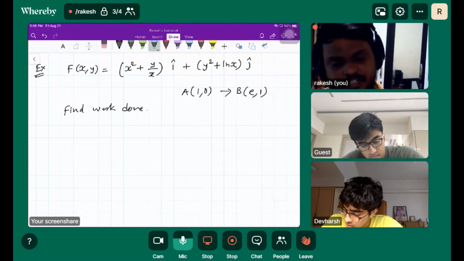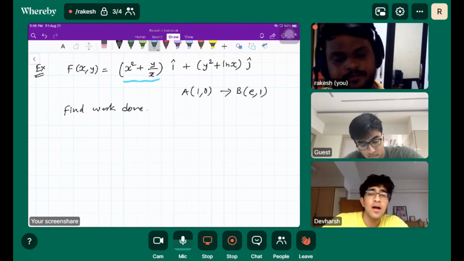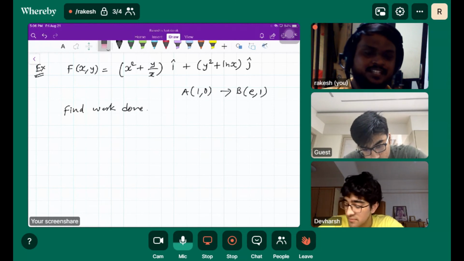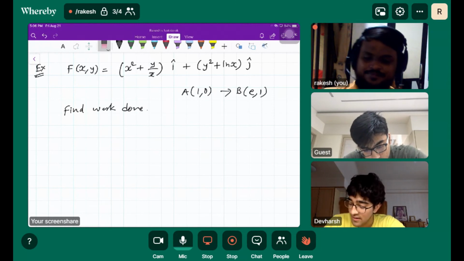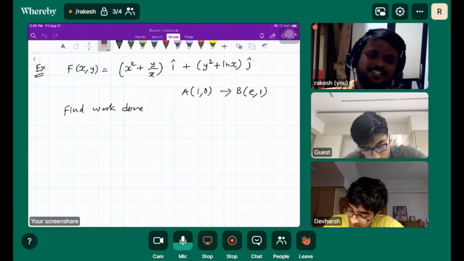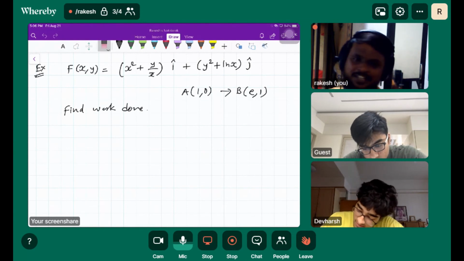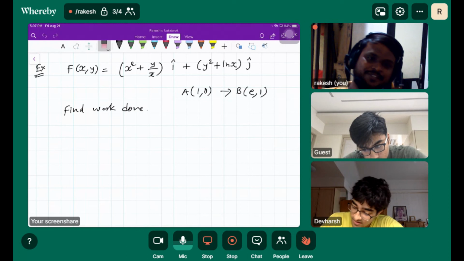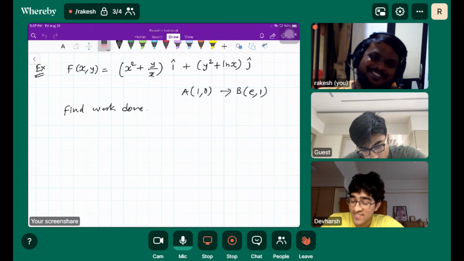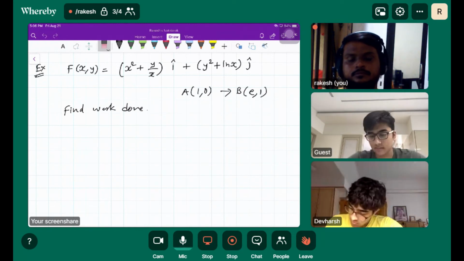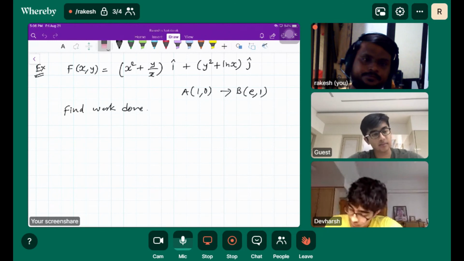See, we'll differentiate this with respect to... Sorry, I'm always integrating. My bad. Repeat what you are doing, like if you are integrating, say it in your mind loudly. It is just 1 by x is equal to 1 by x, right? Yes.